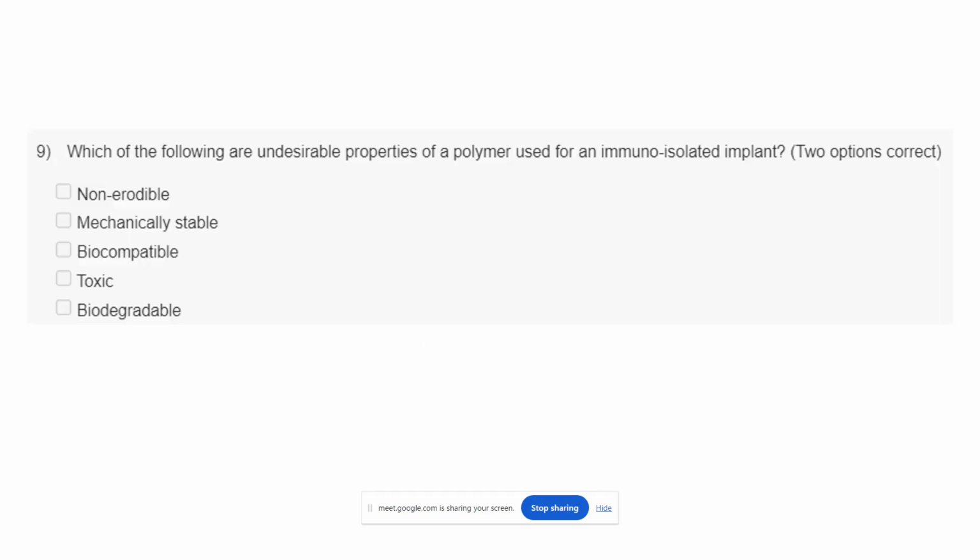Okay. We have our next question here. Which of the following are undesirable properties of a polymer used for an immunoisolated implant? Option 4 and 5. Okay.